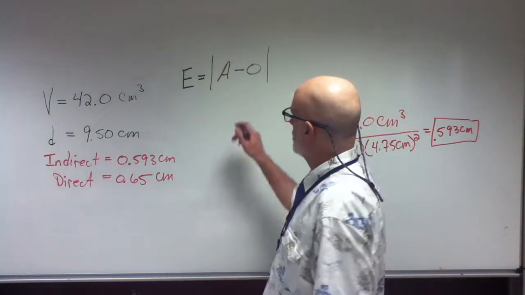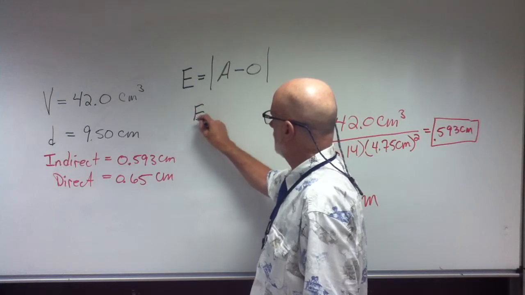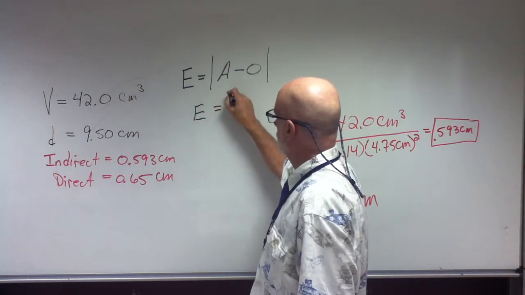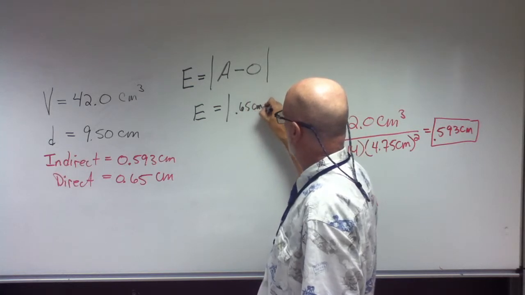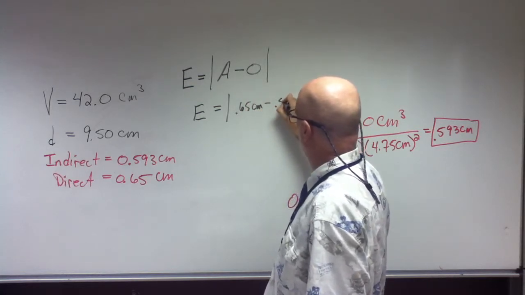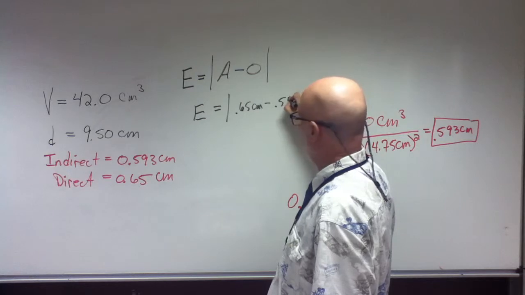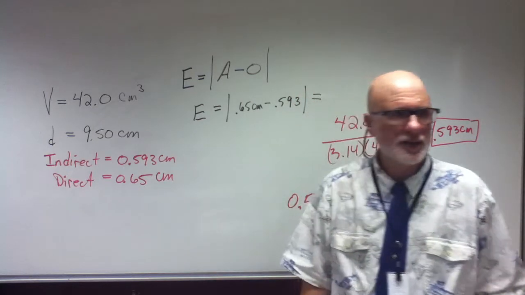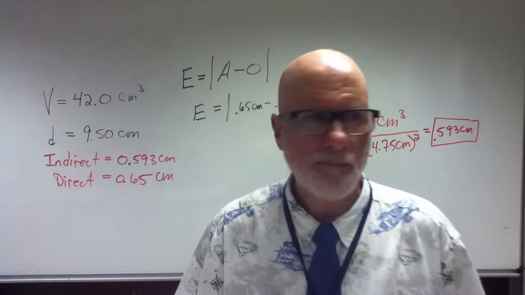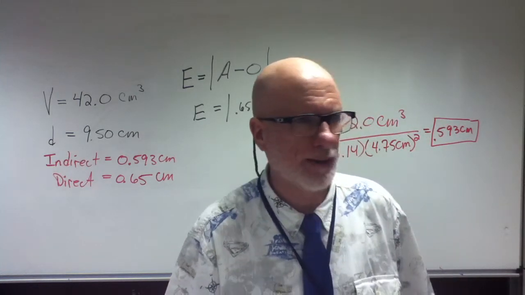All right, so the error is going to be equal to the 0.65 minus 0.593, and that will equal the error. What is 0.65 minus 0.593?